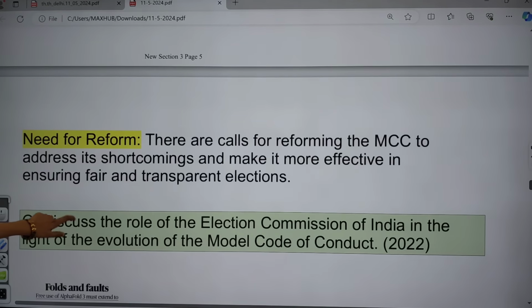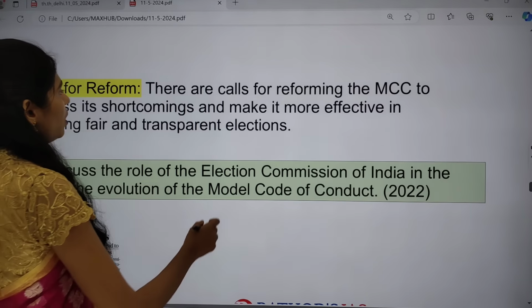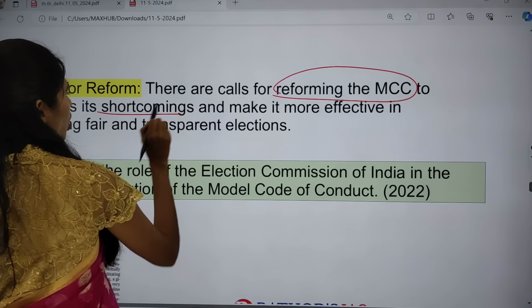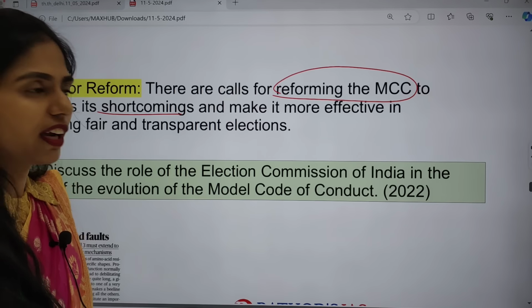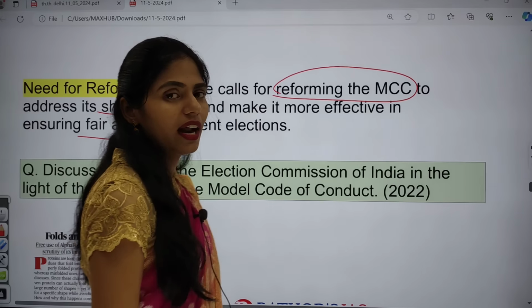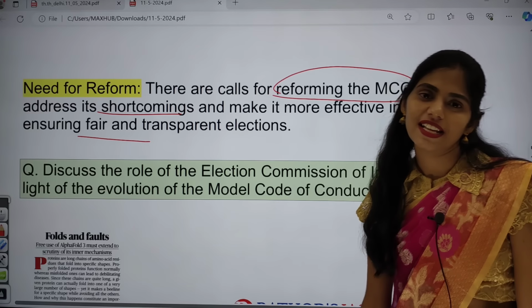Apart from that, there are calls for reforming the MCC to address its shortcomings, so that we can make it more effective and ensure free, fair, transparent and accountable elections. So these are the challenges given in this article.